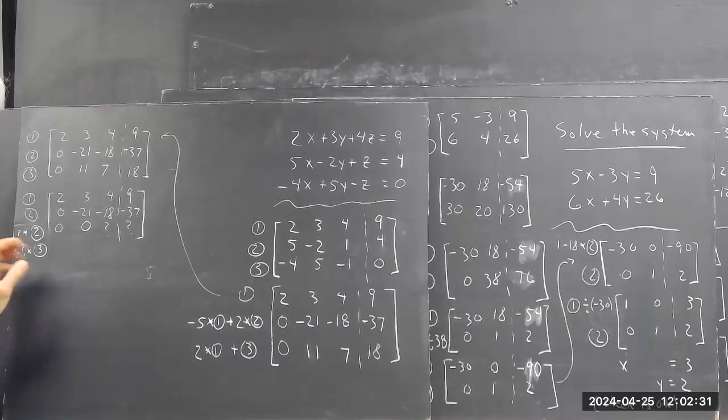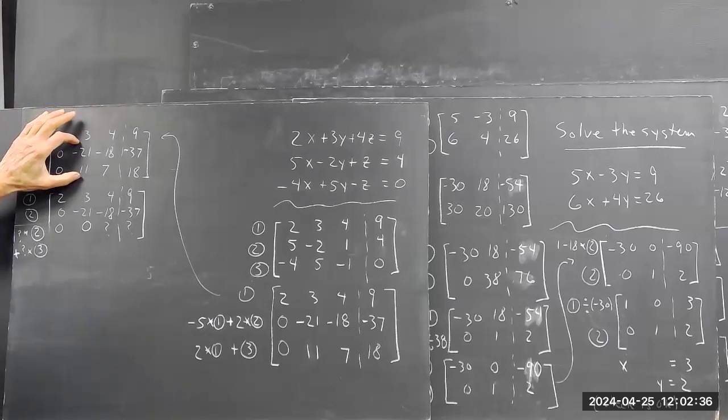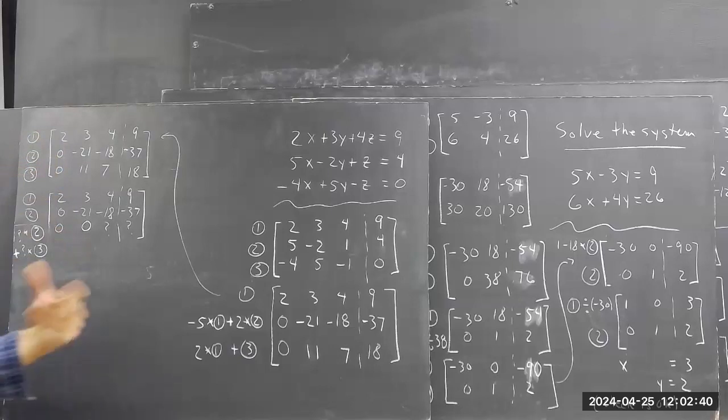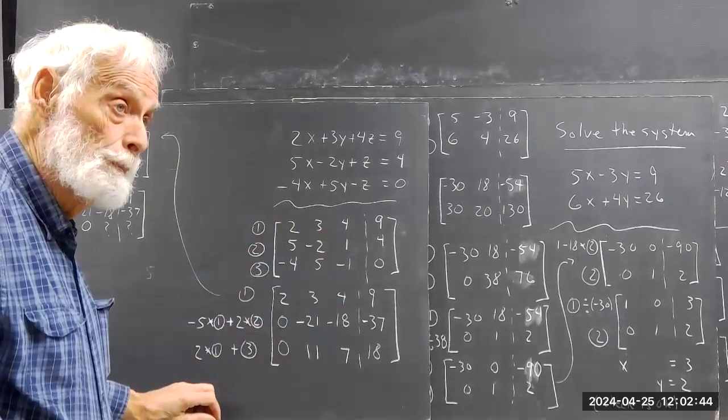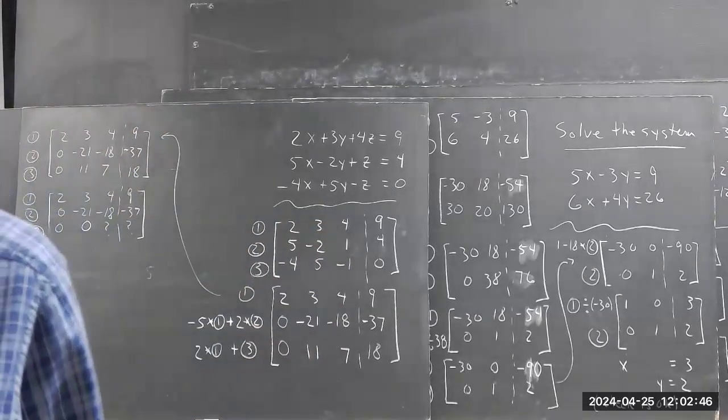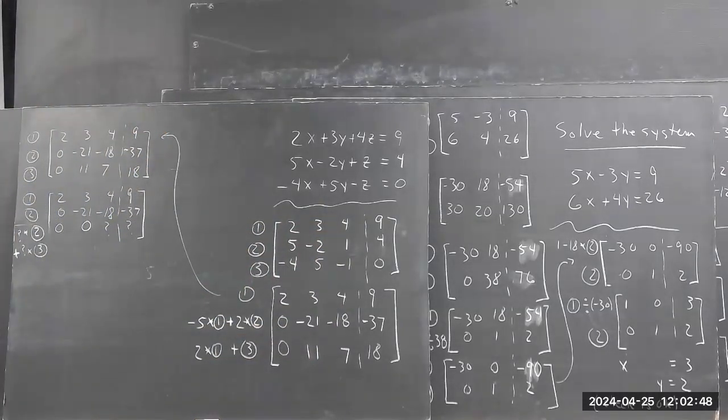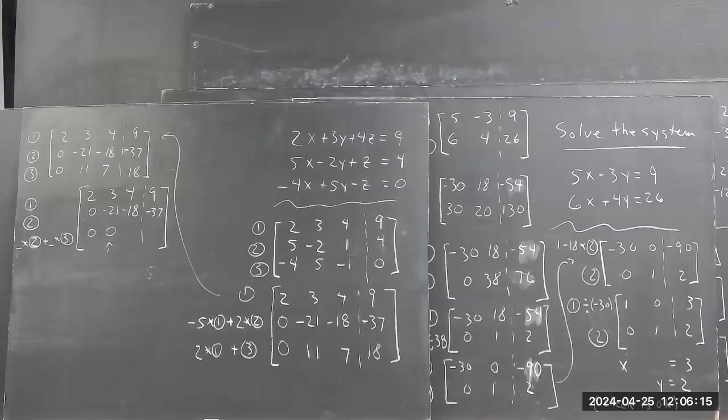It's on screen. Okay, I've got these two rows. I'm going to take a multiple of this one and a multiple of this one, and I want 0. So what multiples would I use? Just write it down. Okay, people have some trouble with this stuff, so I'm just going to tell you.